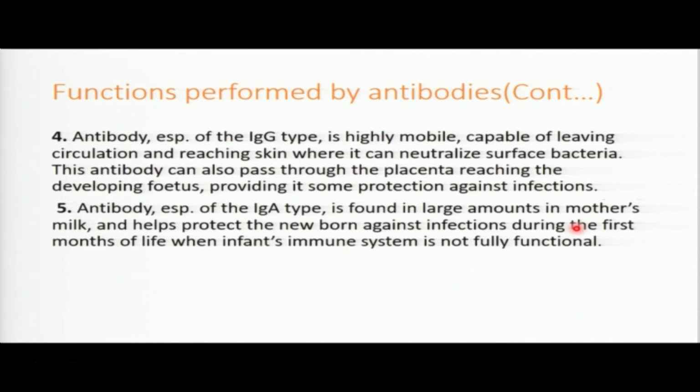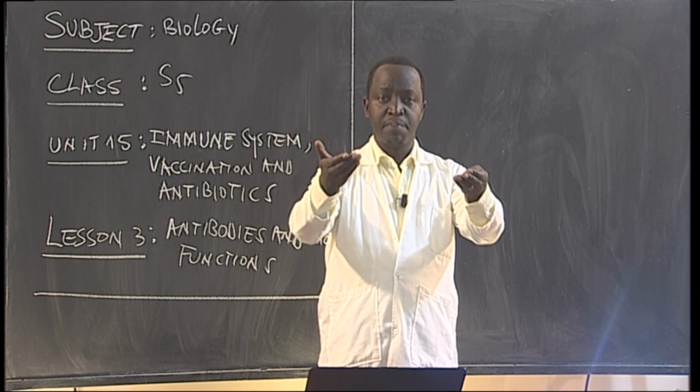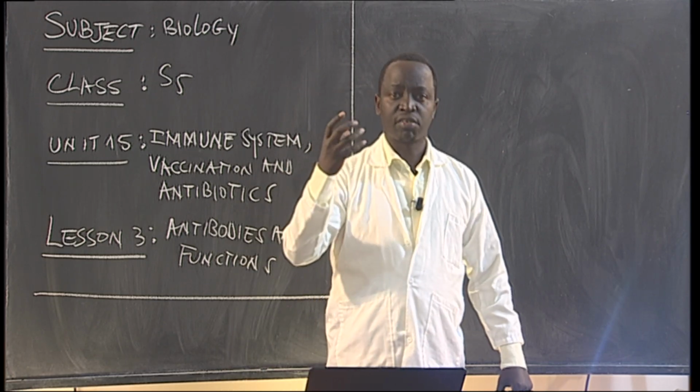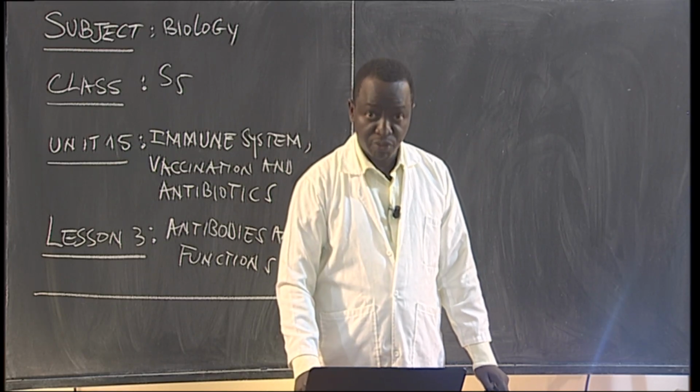Are you together? So that's why it is very important for babies to suck their mother's breast milk. To get the breast milk from their mothers is very essential, because the baby can get some antibodies from there. Are you together?